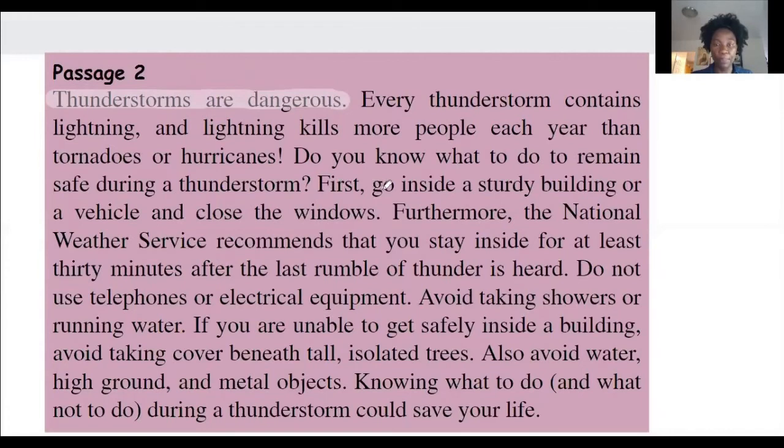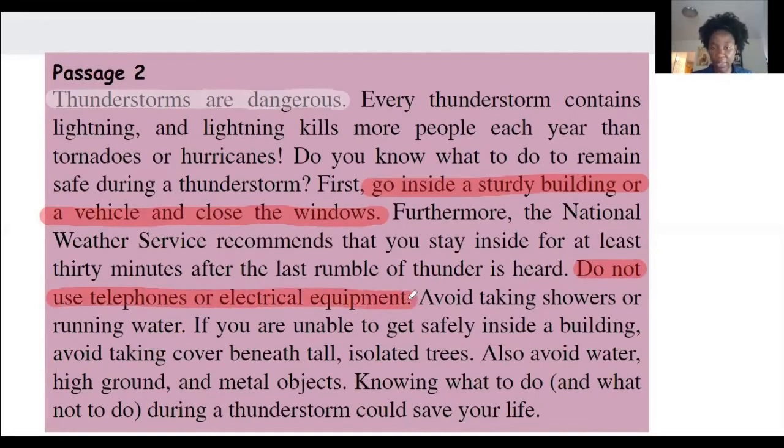For example, here in this sentence, the author says, go inside a sturdy building or a vehicle and close the windows. This is one detail that is telling us how to remain safe during a thunderstorm. Another detail, do not use telephones or electrical equipment.